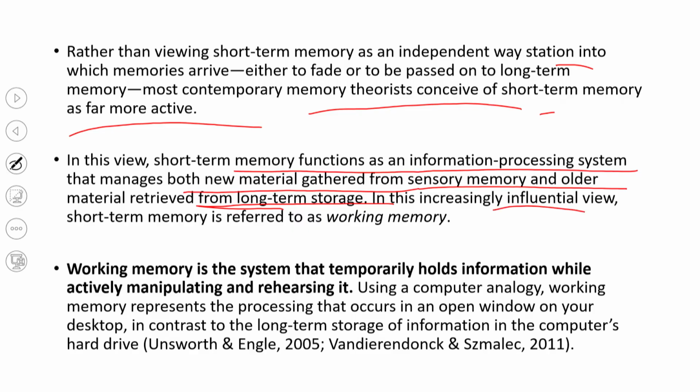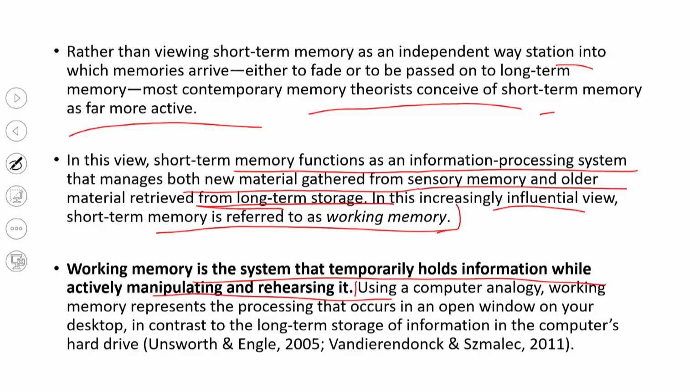So, in this increasingly influential view, short-term memory is now referred to mostly as working memory. Working memory is the system that temporarily holds information while actively manipulating and rehearsing it. According to working memory, this is not a passive system.